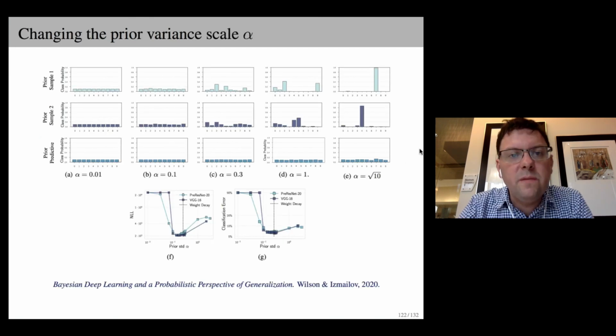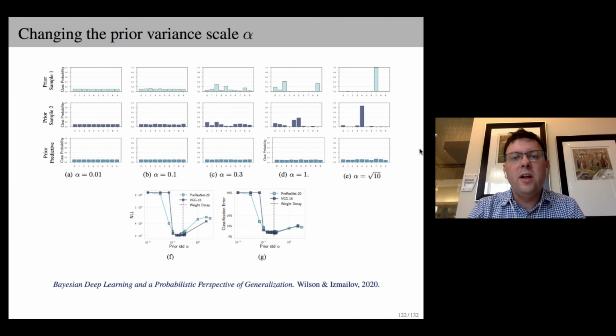We examine this behavior as we vary the scale of the prior variance on the parameters. So for alpha equals root 10, we reproduce this result, and we see that one sample function is assigning most of the data one class, another sample function most of the data the other class. However, if we reduce alpha, we see that the samples are very quickly assigning about the same amount of data to each of the classes.